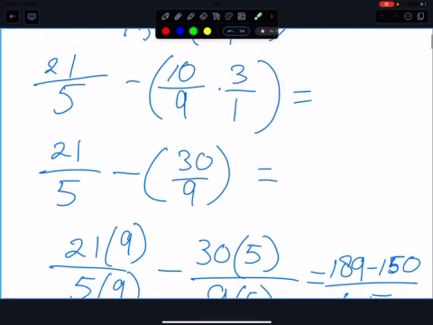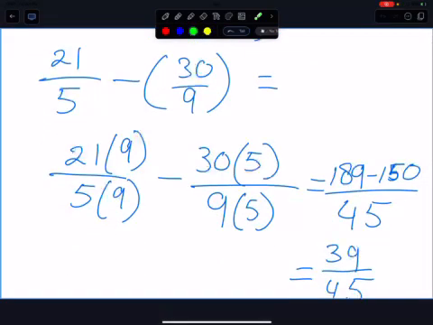When you've done this successfully, 10/9 multiplied by 3/1 becomes 30/9. When you have two fractions, either addition or subtraction, the denominators have to be the same. So I'm looking for the lowest common multiple of 5 and 9.